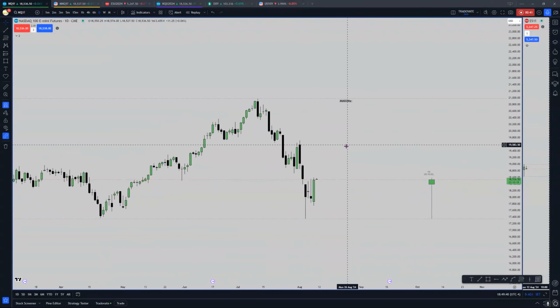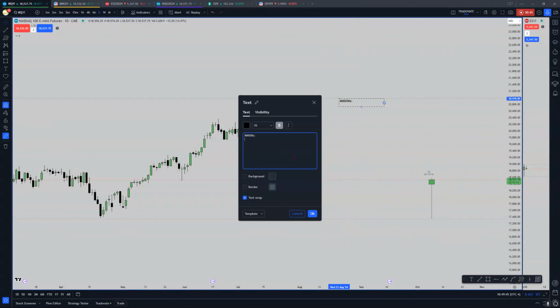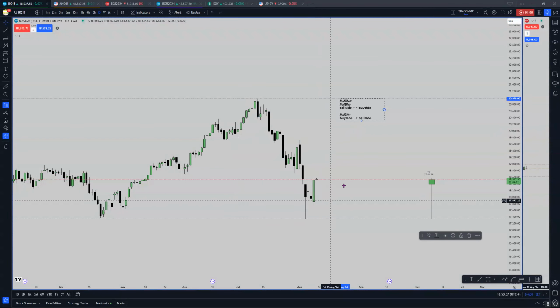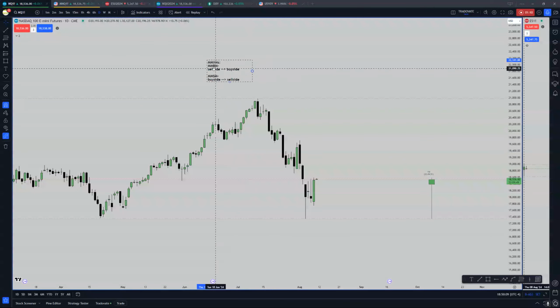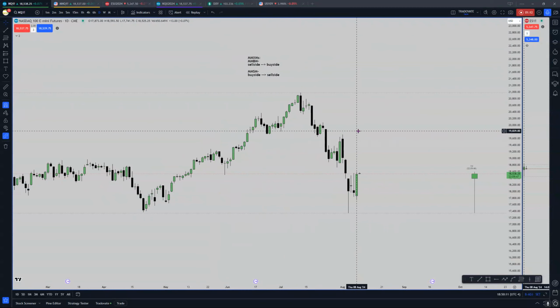For a market maker buy model, there will be a sell side of the curve, which then goes into the buy side of the curve. And for a market maker sell model, you're going to have the buy side of the curve into the sell side of the curve. So this is the general framework of what a market maker model is.